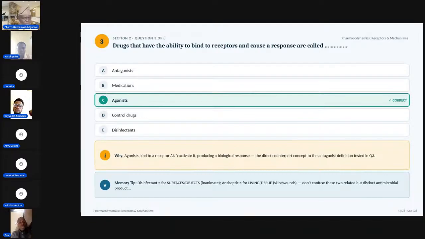Those that bind to a receptor and give a response are called agonists. But the ones that bind to that same receptor and do not give any response are called antagonists. So if I am the one setting the question, I can twist the question that way for you.